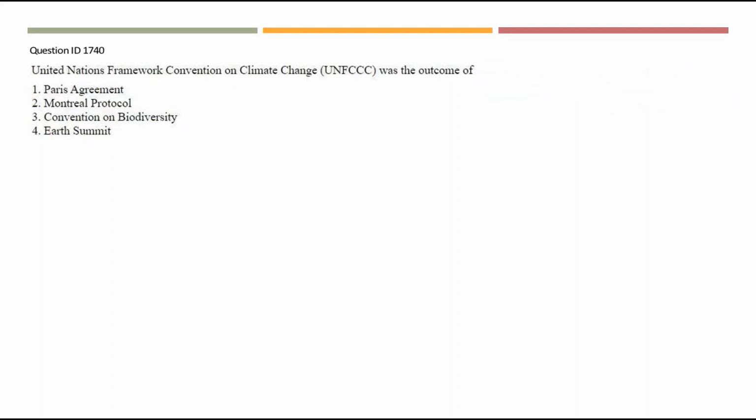Next question. United Nations Framework Convention on Climate Change, UNFCCC, was the outcome of what? This was adopted in 1992 with the ultimate aim of preventing dangerous human interference with the climate system.